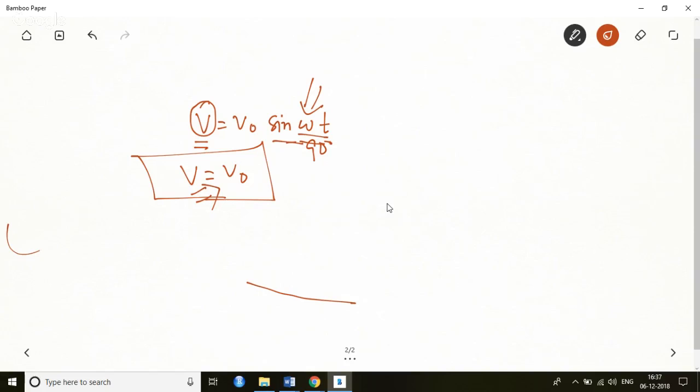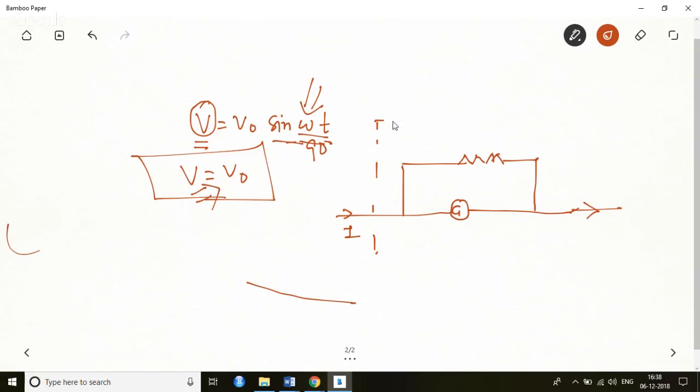Here is our galvanometer, and a current I is passing through it. Now what I do is put a resistance in parallel with it, and in this diagram, I'll explain how it is used. So this is used as an ammeter.